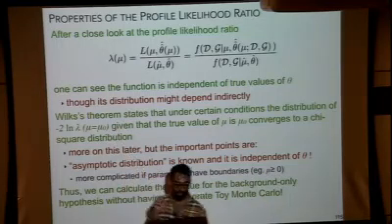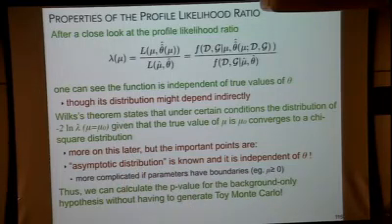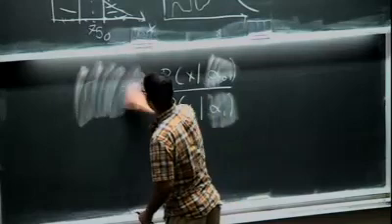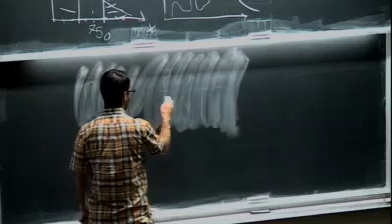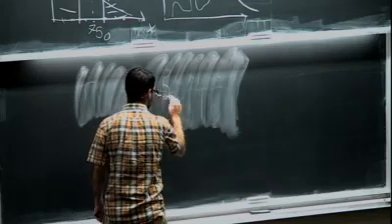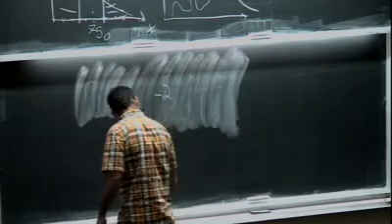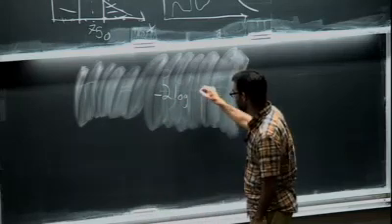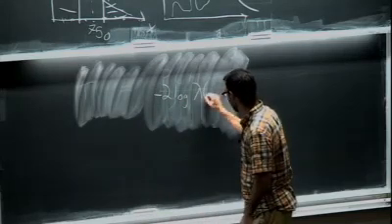Okay, let me write it out because it'll be better. The starting point is minus 2 times the log of this profile likelihood ratio, lambda of mu.